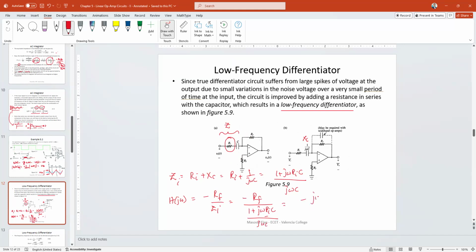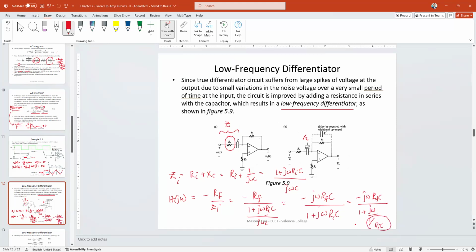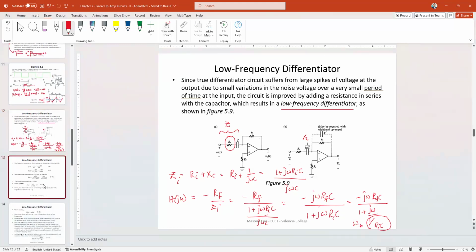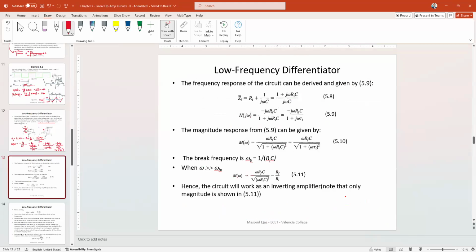In the numerator, it's going to become j omega RFC over 1 plus j omega R input C. And again, we can write this as negative j omega RFC over 1 plus j omega divided by 1 over R input C. And then this can be considered as your break frequency, omega B. And the derivation is given right over here.